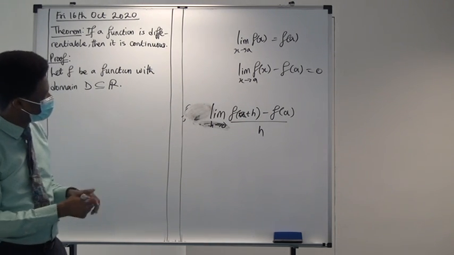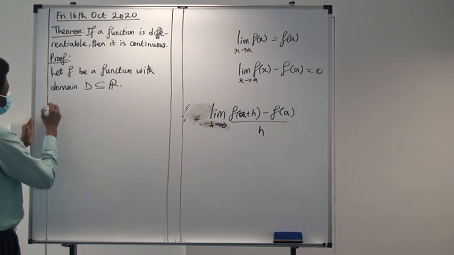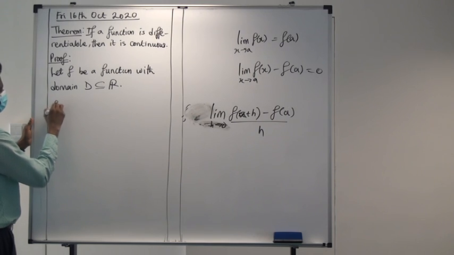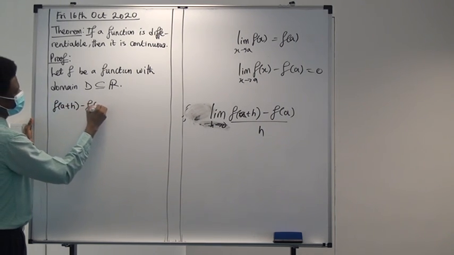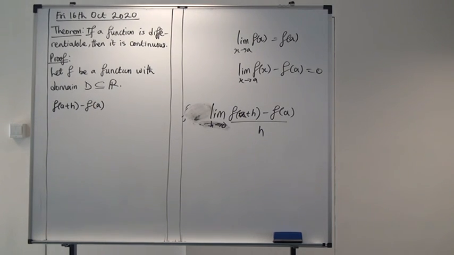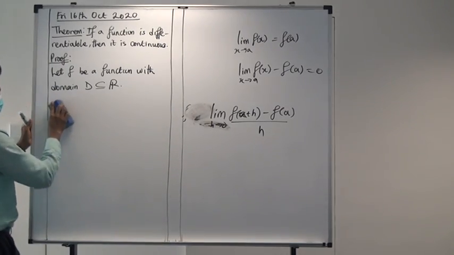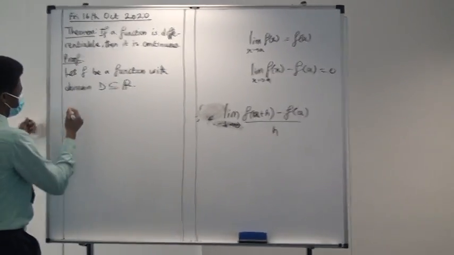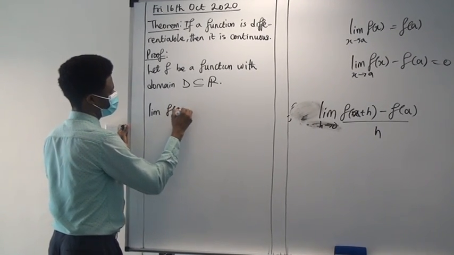So if you look at it, we're going to try to do some manipulation by saying the limit of f of a plus h minus f of a. Sorry, I forgot the limit part. We're going to start by simplifying this limit.